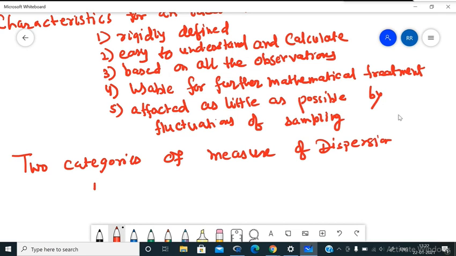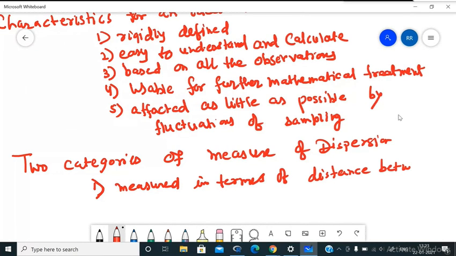First is measured in terms of distance between values of selected observations.